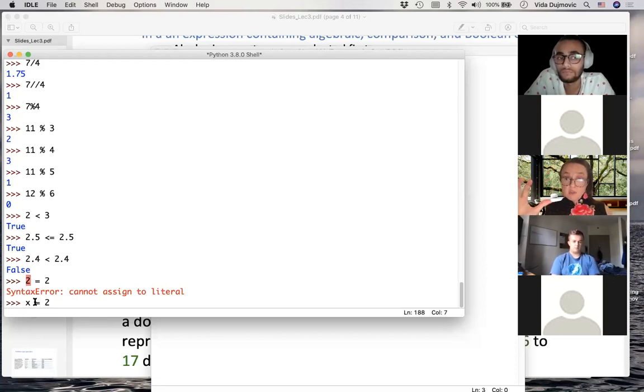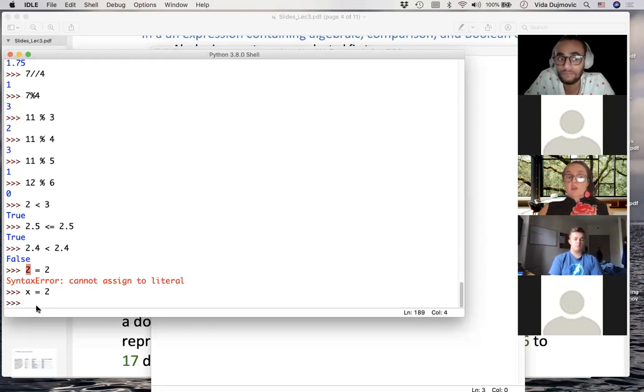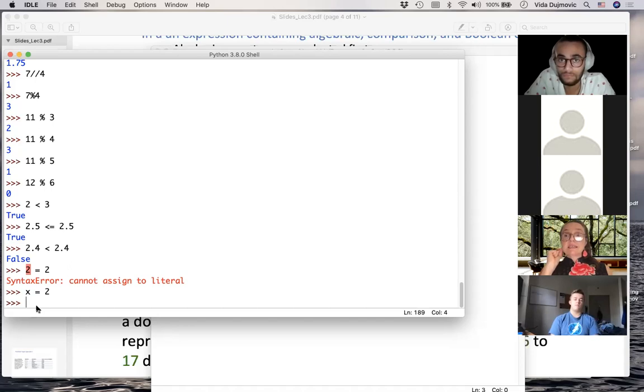So whatever is on the right-hand side of this operator should be assigned to the left-hand side, okay? This gets to the variables, but I'm gonna get to variables in a couple of minutes. So, put this on hold for a moment. But remember that equal sign doesn't mean equal. It's not asking if something is equal in programming languages. It is an assignment operator.